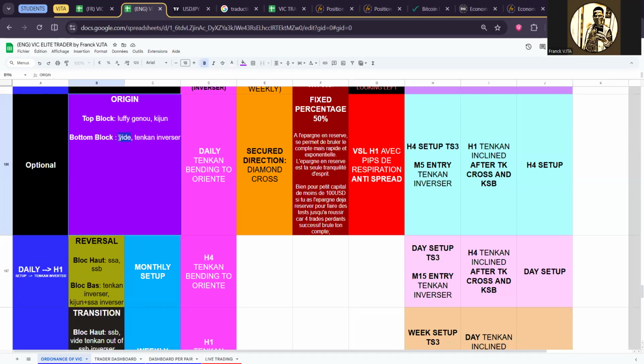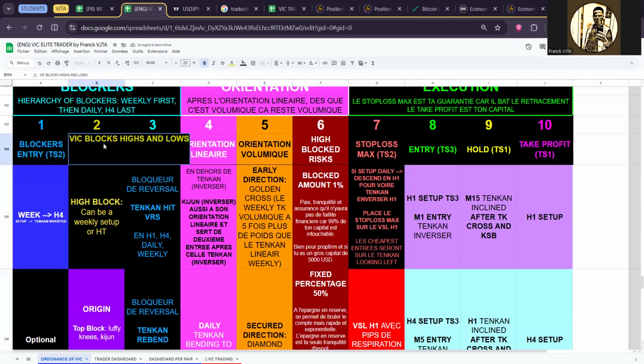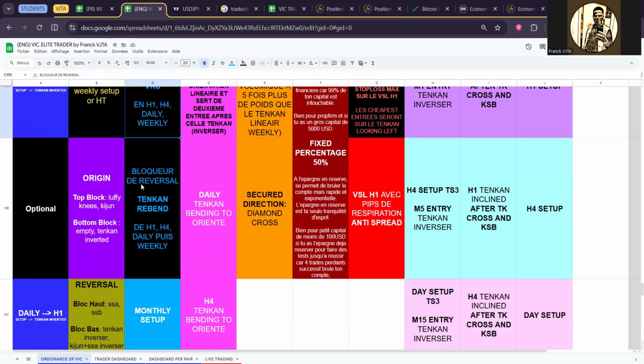Okay, let's go and identify this one. I should have named this one bottom block, top and bottom. I prefer using the words top and bottom. The top block and the bottom block.